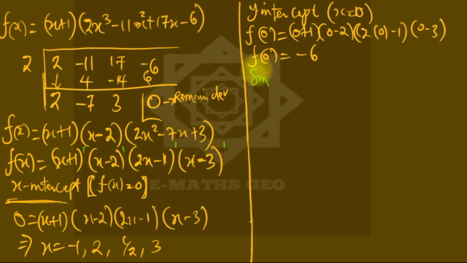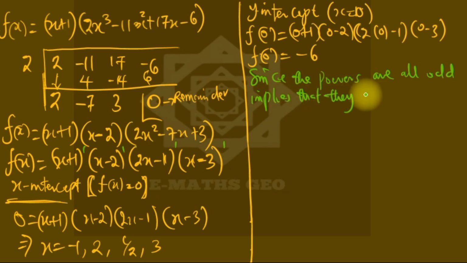Since the powers of the factors are all odd, they will cross at the various roots or zeros.